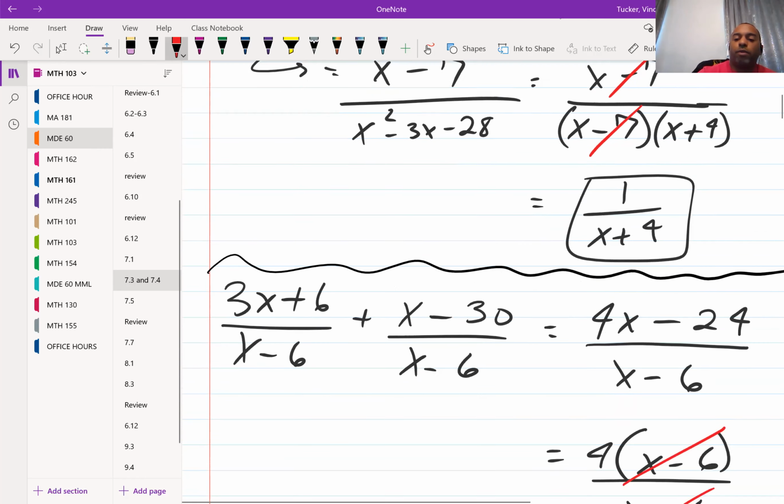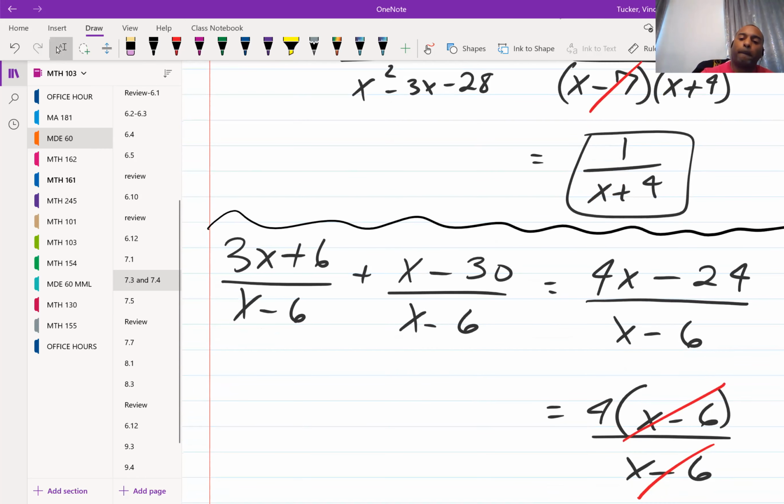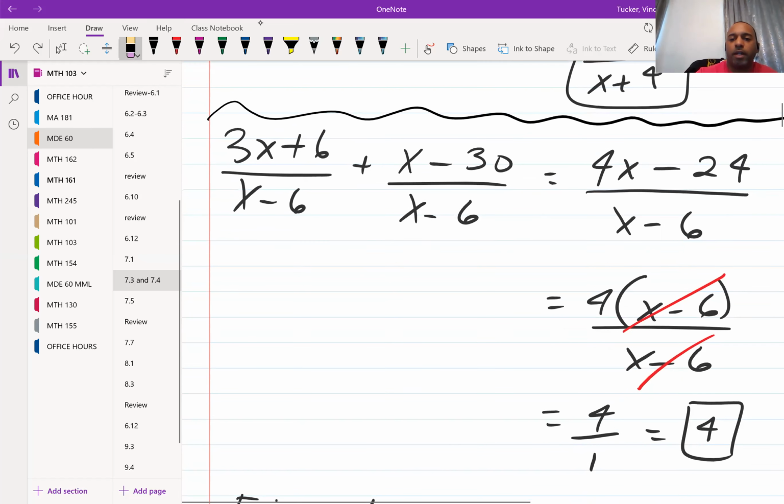Then we can factor out 4 in that numerator, which gives us 4 times x minus 6 over x minus 6. The x minus 6's can cancel, and that'll leave you with just 4.